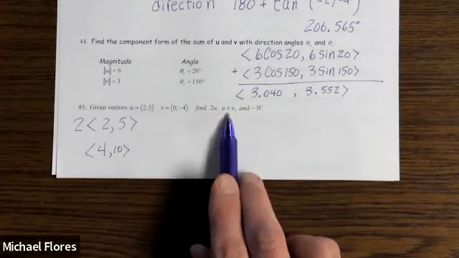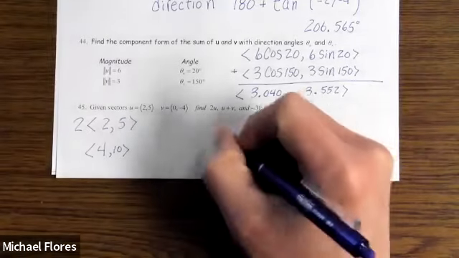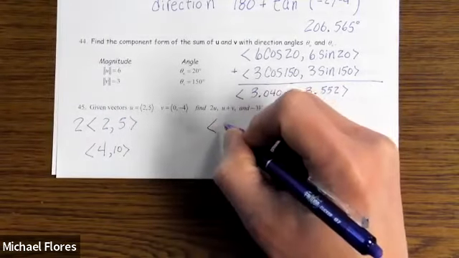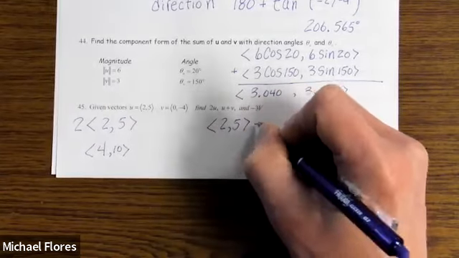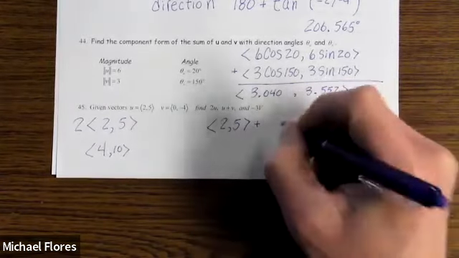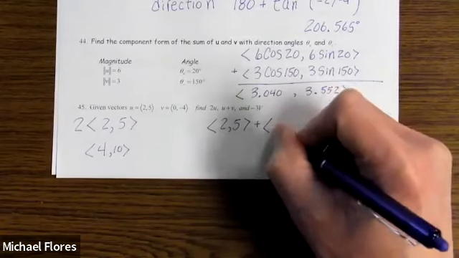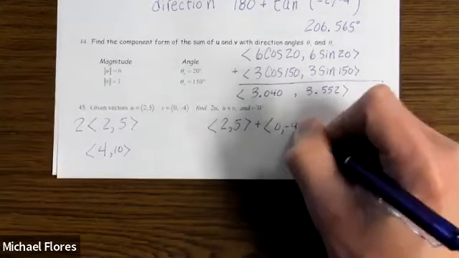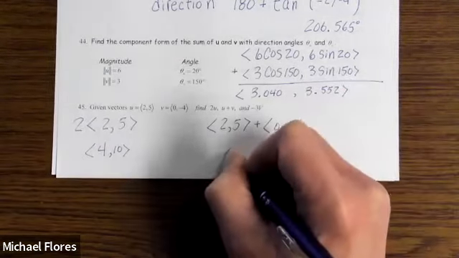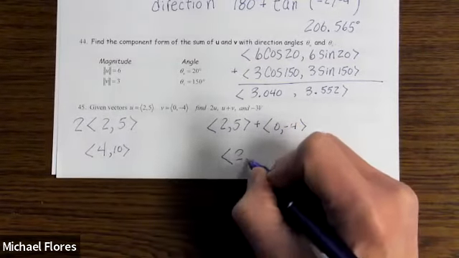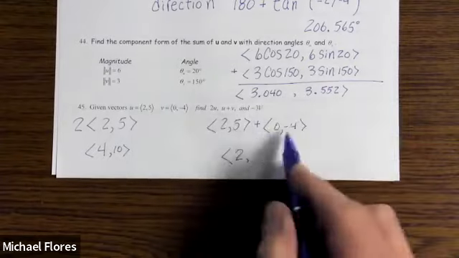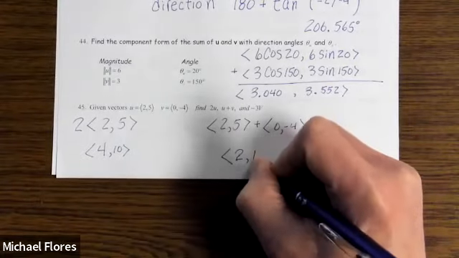Now they want you to add component vector u with component vector v. Make sure you add x terms with x terms, 2 plus 0. And then y terms with y terms, 5 plus -4.